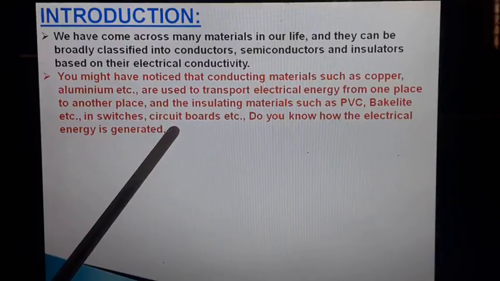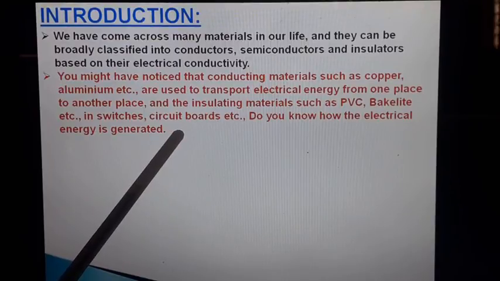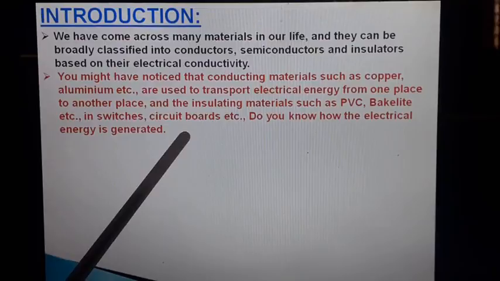In the electrical field, electrical wires are used to transport the electrical energy from the main box to the appliances, and for our safety we use PVC plastics and bakelite plastics for switches and circuit boards also.